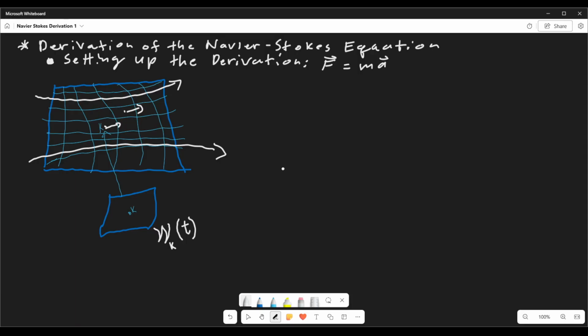The idea of the Navier-Stokes equation is to do force equals mass times acceleration. So we want to look at what are the forces that affect this little fluid volume. To begin with, we have the fluid volume.